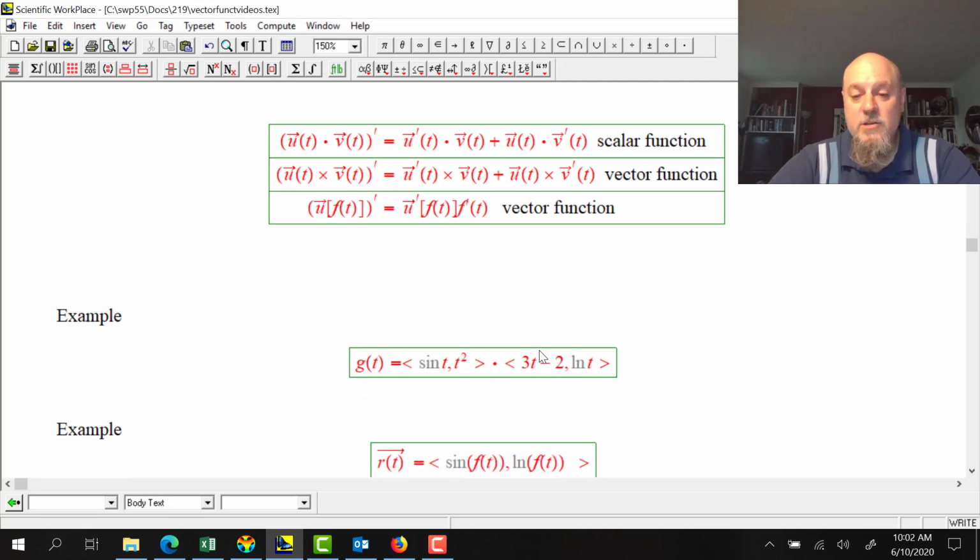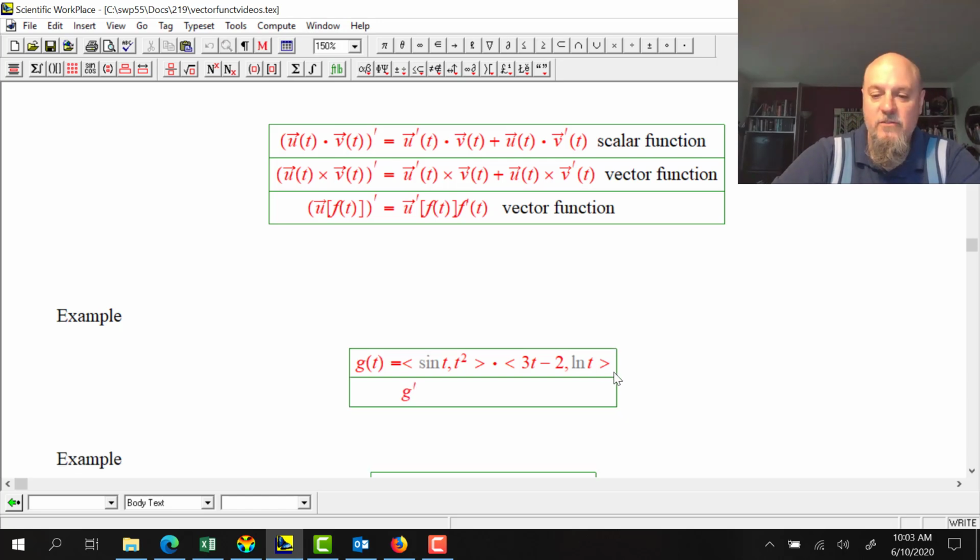So here I've got two-dimensional vectors and a dot product. So I can't use this as an example for the cross product. I can only do it for the scalar function. I'm taking the derivative of g, that's g prime.